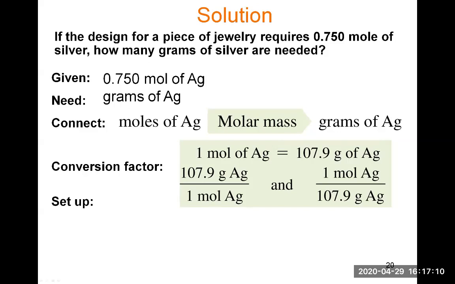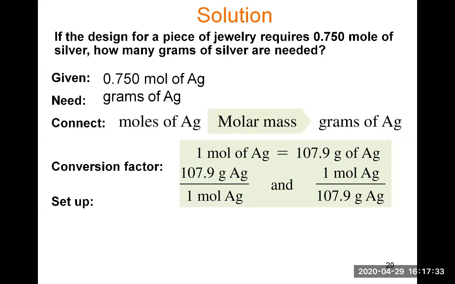For this, you need to look at the given amount. The given amount is in moles. So you will want to use the conversion factor that has the moles on the bottom, so that you can cancel moles of silver. So we will use the first conversion factor here, right? The one that has the mole of silver on the bottom.